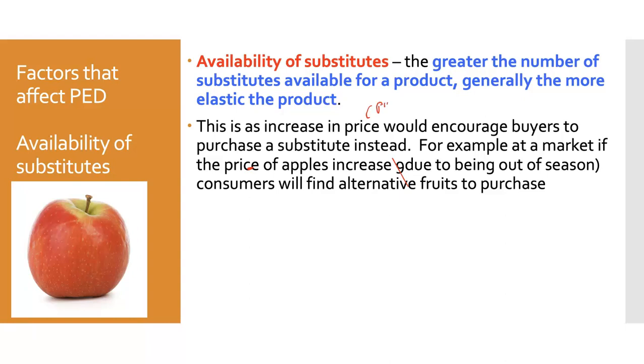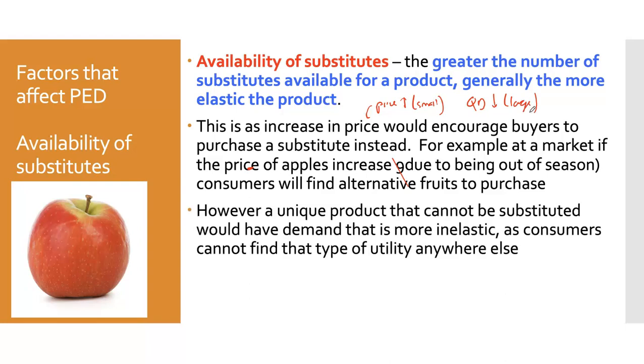So if the price is increasing, even if it's a small increase, likely the quantity demanded going down will be quite large because they'll just find another substitute that meets their needs or wants.